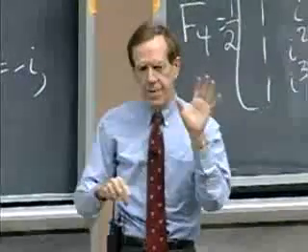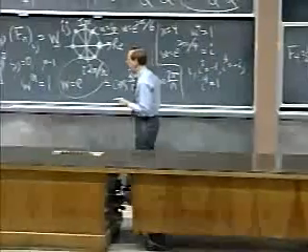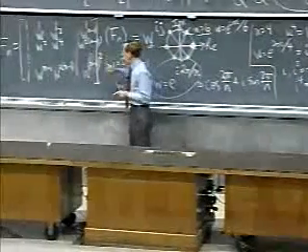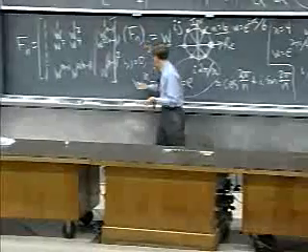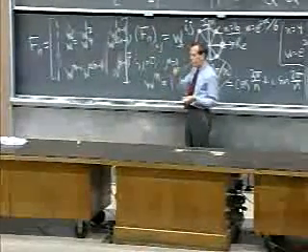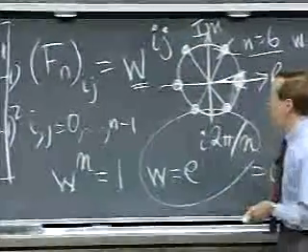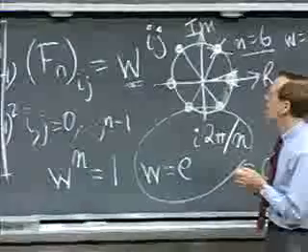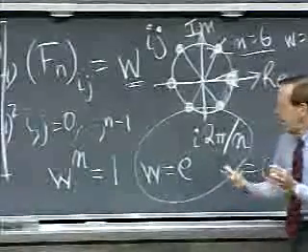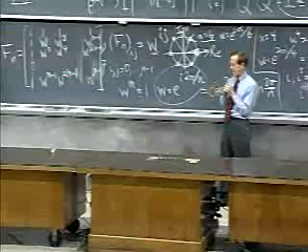What's the connection of F64 to F32? So F64 is a 64 by 64 matrix whose W is the 64th root of 1. So it's 1/64th of the way around in F64. And F32 is a 32 by 32 matrix. Remember, they're different sizes.